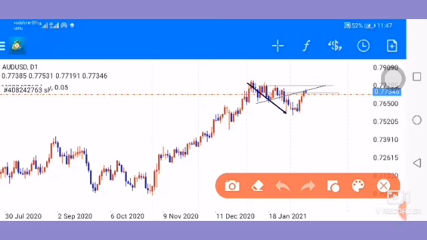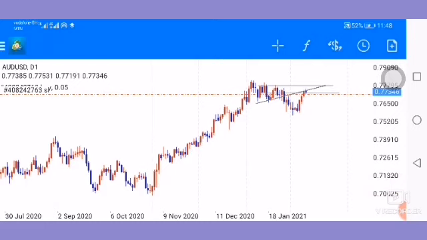Price created a low here, and now it wants to create a high, then the next phase is to create a low. Are you getting me? So when logging into the chart, I first look at the directional bias.